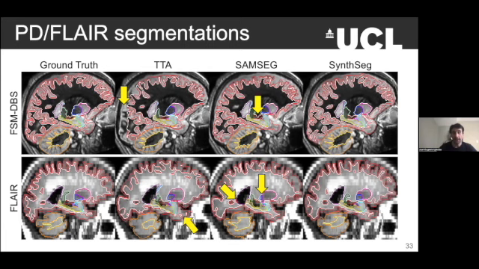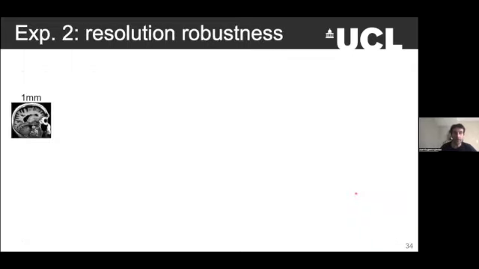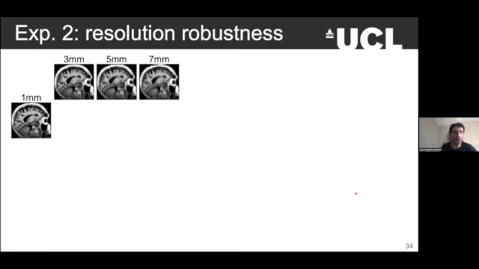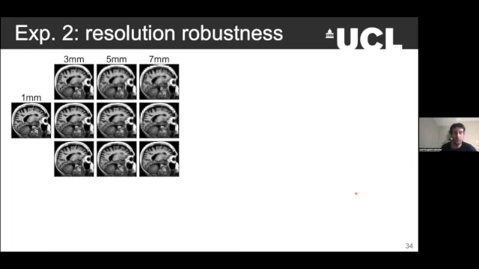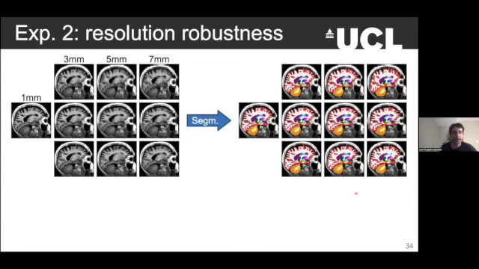And like I said, it doesn't matter what resolution you throw in, you get a 1 by 1 by 1 millimeter segmentation. We tested this explicitly by taking 1 millimeter data and downsampling in different orientations, so coronal, axial, and sagittal. And you can segment these guys, and you get pretty much good results everywhere.